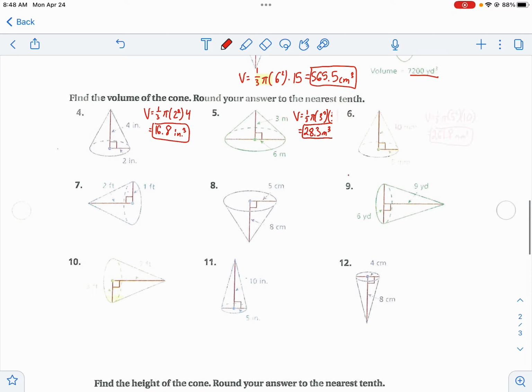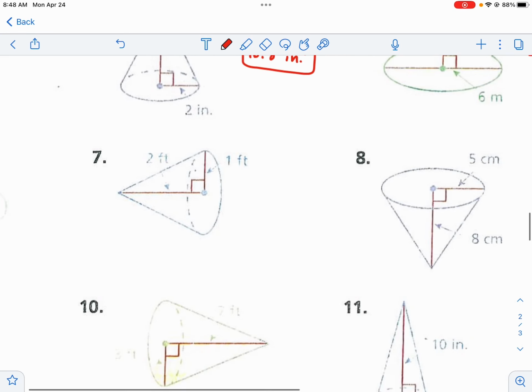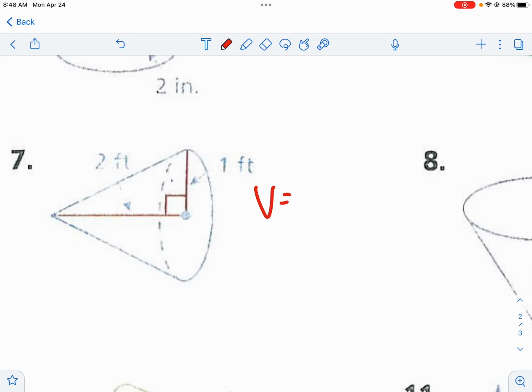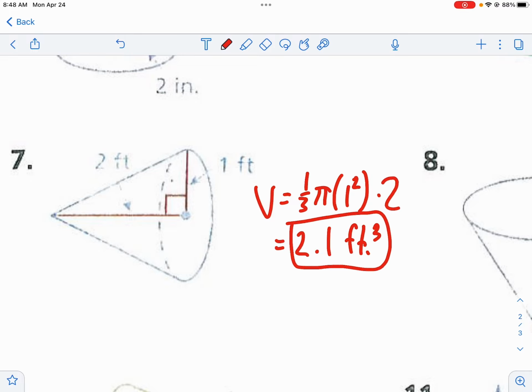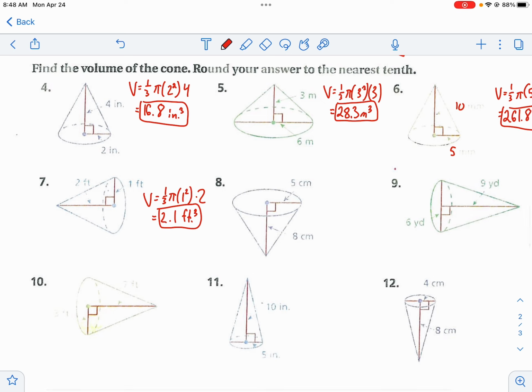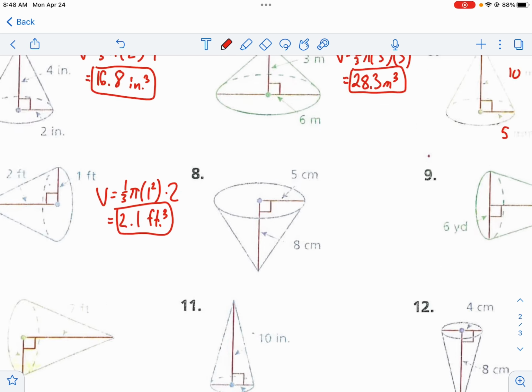Next one, number 7. Volume is equal to 1/3 pi, radius is 1 squared times the height of 2. Gives me about 2 pi over 3. That's about 2.1 feet cubed.